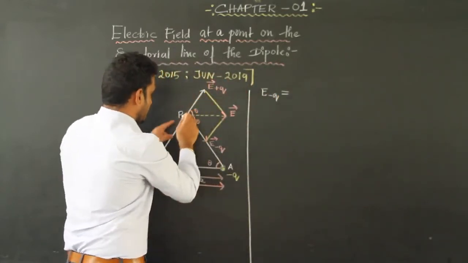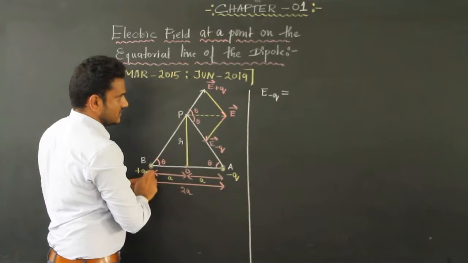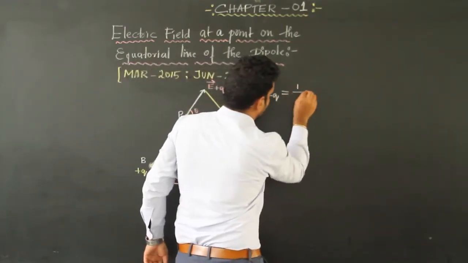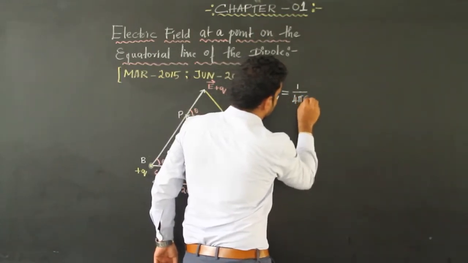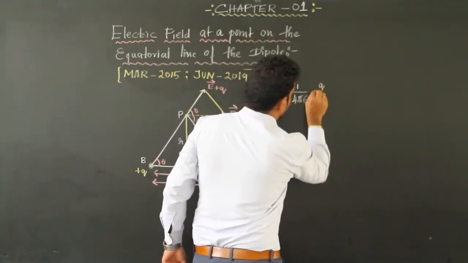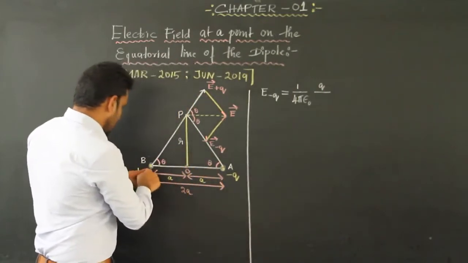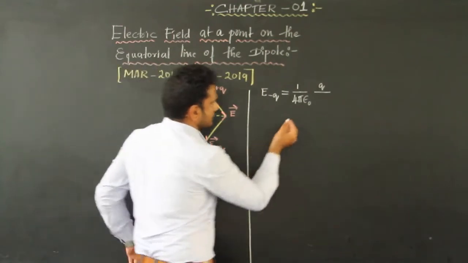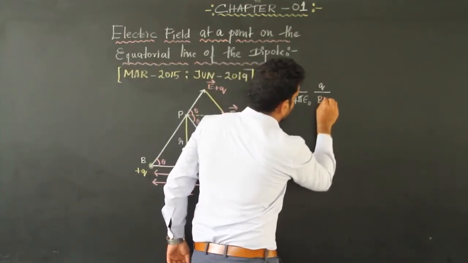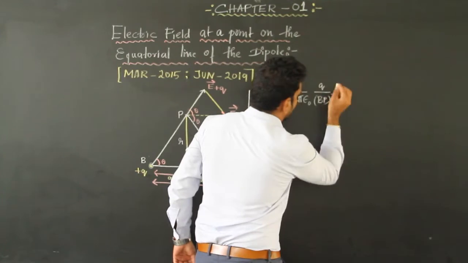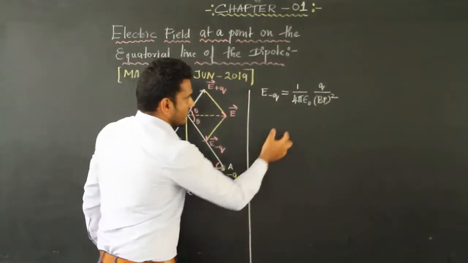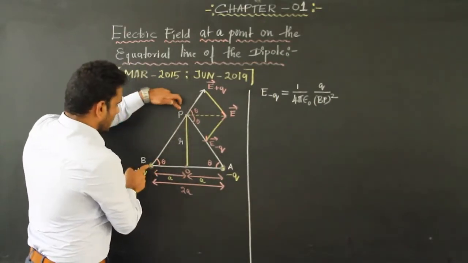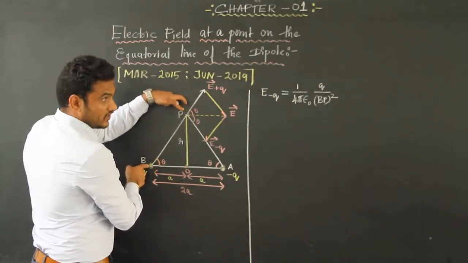According to Coulomb's law, it is 1 over 4 pi epsilon naught, Q divided by the distance between the positive charge and P, which is BP, whole square. But we need to calculate what exactly the side BP is. We can calculate BP by using the Pythagoras theorem.